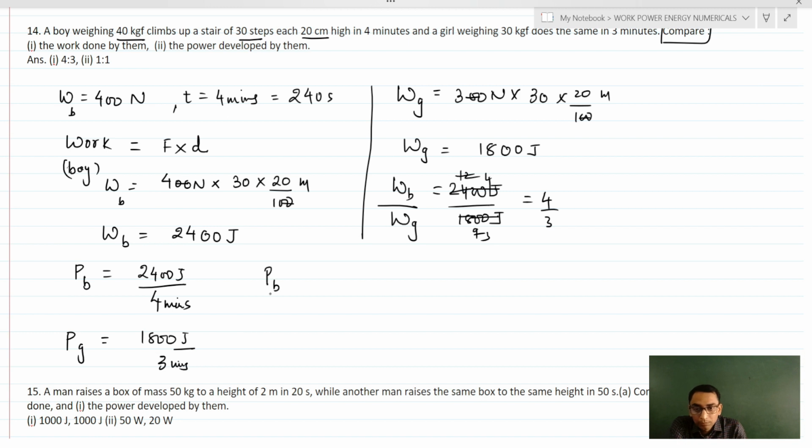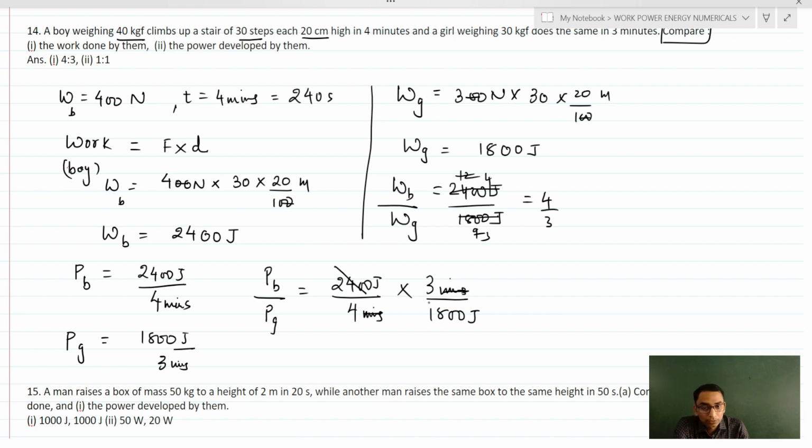So power of the boy divided by power of the girl, because it is compare, so ratio, so 2400 joule upon 4 minutes times 3 minutes divided by 1800 joules.